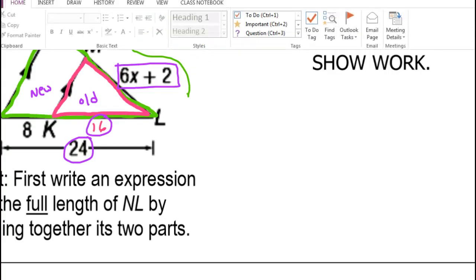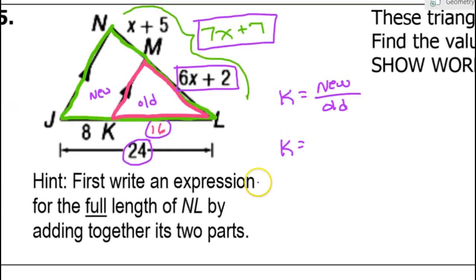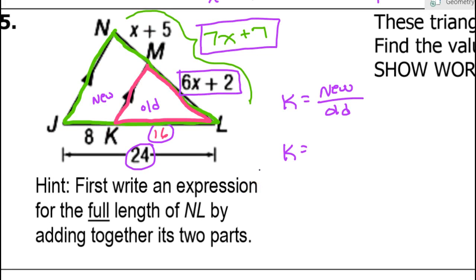If I do the scale factor method, my scale factor is going to be new over old. So that's going to be the big one divided by the small one.